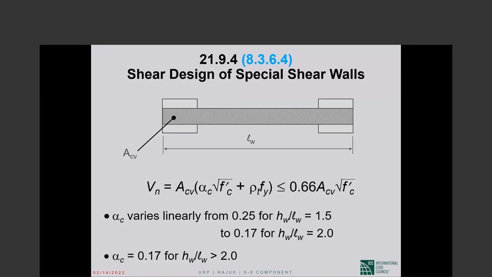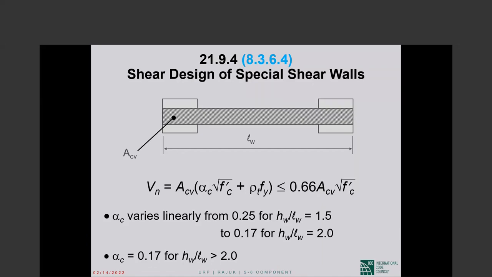So rho sub t will depend on how much shear needs to be resisted by the horizontal shear reinforcement. And the total shear that can be imposed cannot exceed 8 square root of f sub c prime. That number of 8 can be 10 under some circumstances. I will let you read the details.